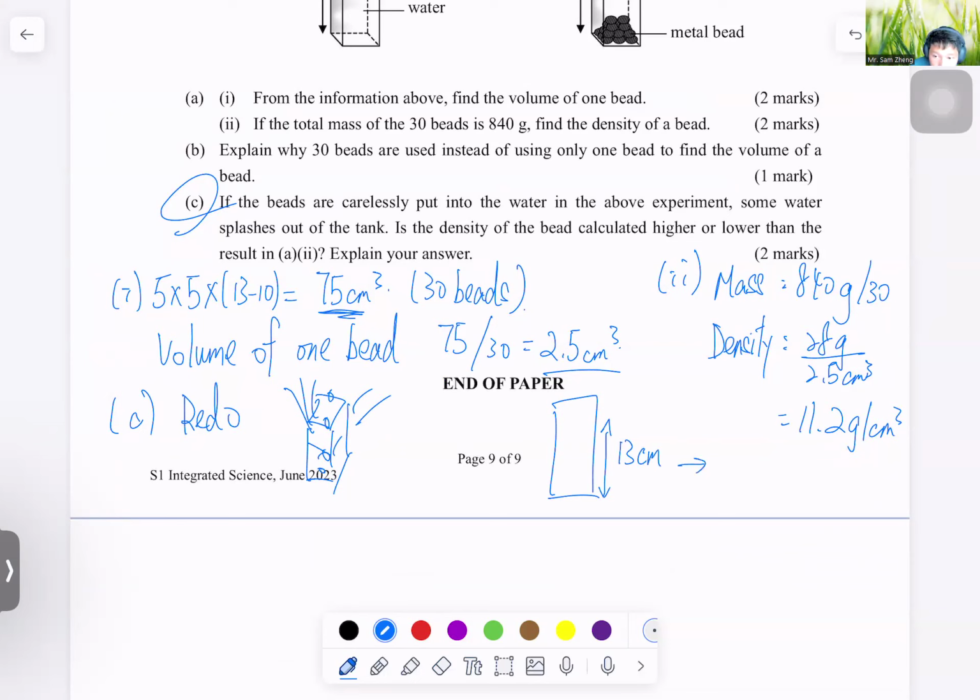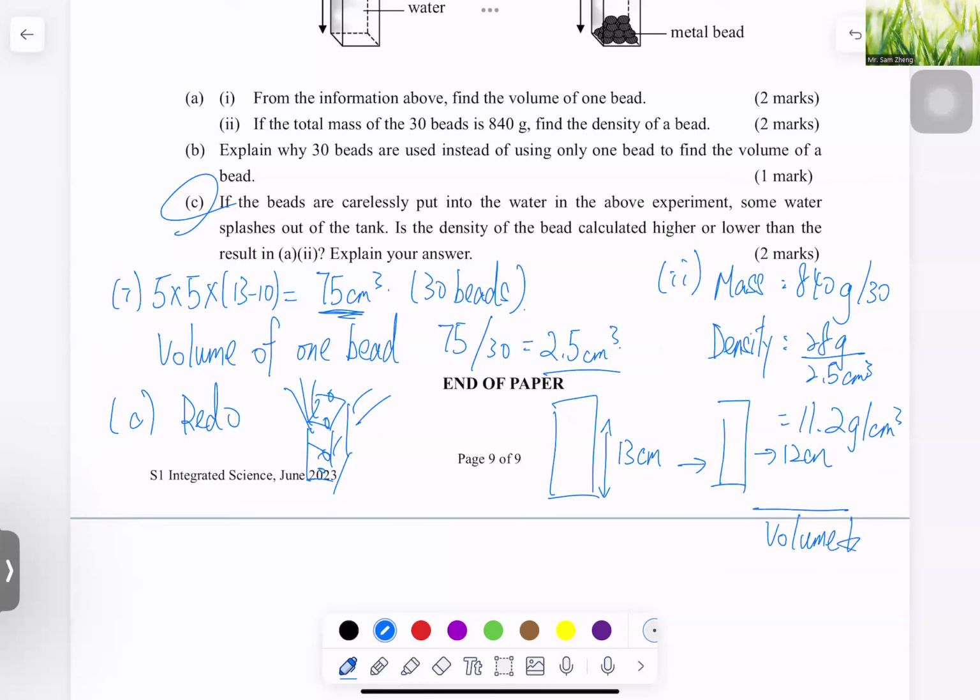The total volume would be changed into 12 cm, because it splashed out, right? This means that it will be a problem because the total volume would be smaller.